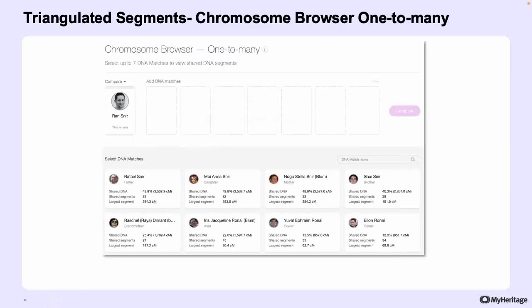So the chromosome browser, the one-to-many tool, lets you compare yourself to multiple matches, up to 7, and shows you the segments that all of you share. When you look at other matches, you know these segments are related to a certain ancestor that we all got these DNA segments from.